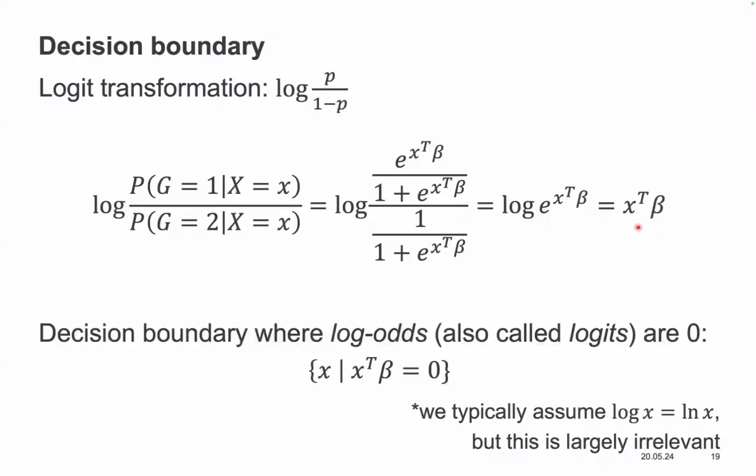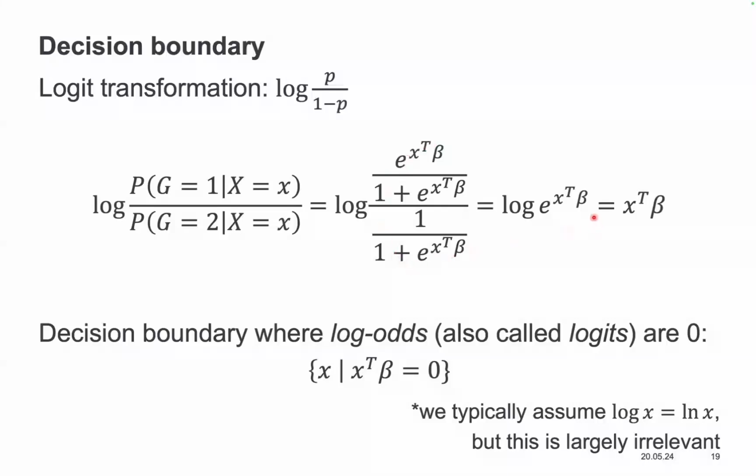The decision boundary now, so when is the numerator larger than the denominator or vice versa? This, of course, happens exactly when the logarithm is 0 or when this term overall is 1.